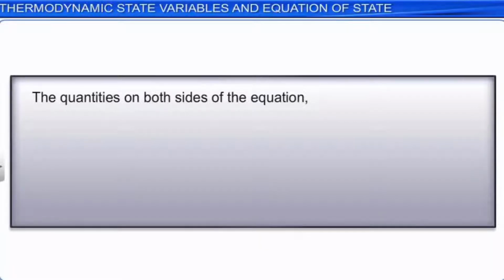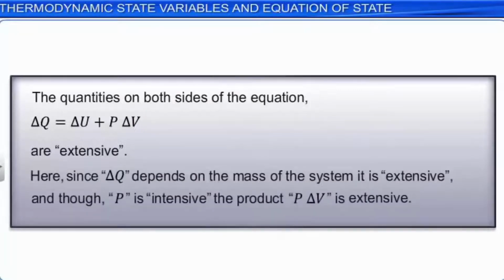ΔQ = ΔU + PΔV, where ΔQ is the heat exchanged, ΔU is the change in internal energy, P is the pressure, and ΔV is the change in volume of a gaseous system. Here, as ΔQ depends on the mass of the system, it is extensive, and though P is intensive, the product PΔV is extensive.